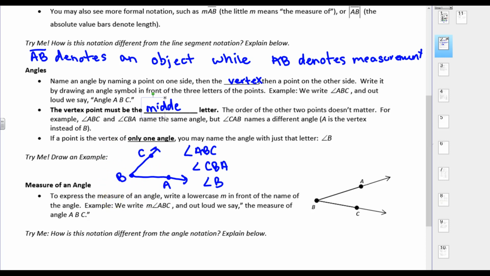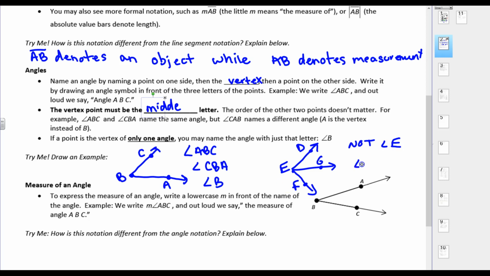When can I not do this? If I've got an angle where there are multiple angles sprouting out of this vertex, so let's call this D, E, F, and G, I cannot name anybody angle E because angle E is the vertex of 3 angles.